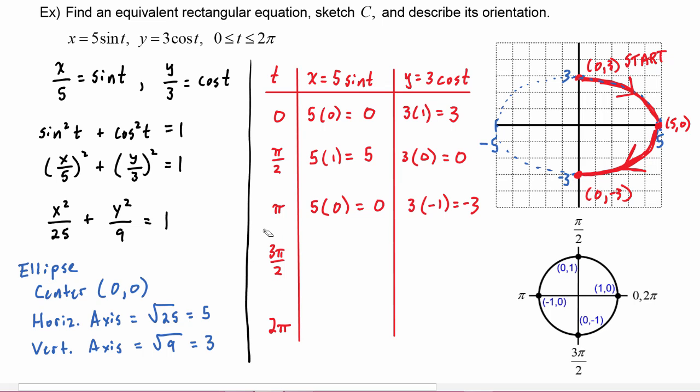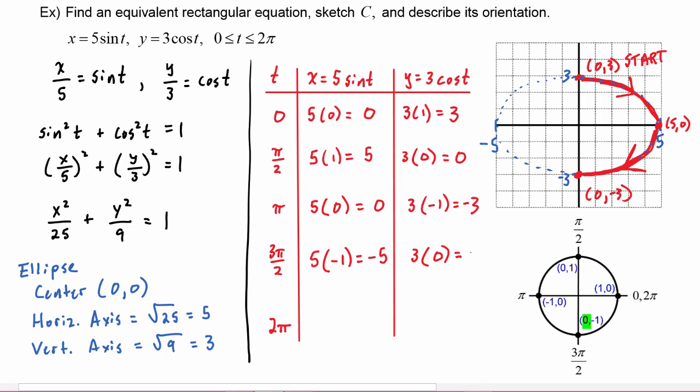At 3 pi over 2, our x value will be 5 times the sine of 3 pi over 2, which is -1. So x is -5. The y value will be 3 times the cosine of 3 pi over 2, which is 0.